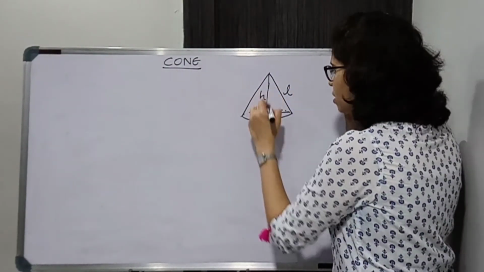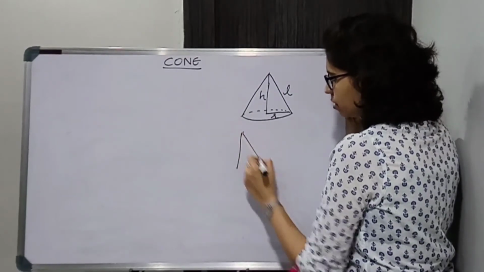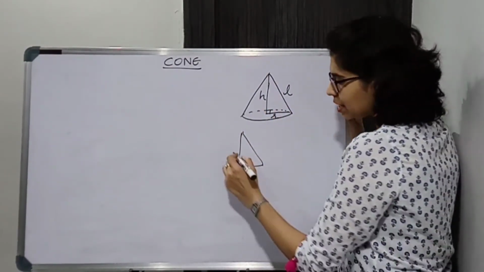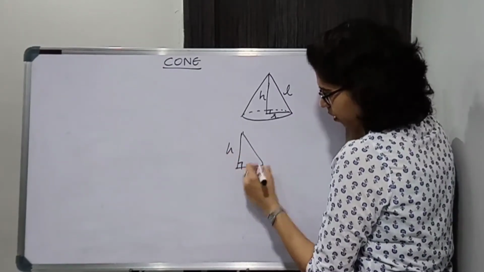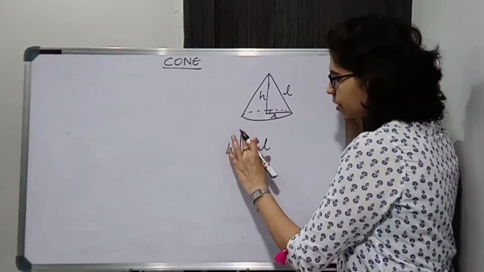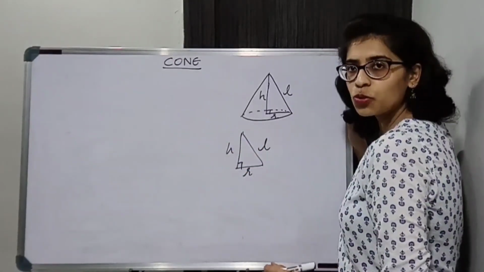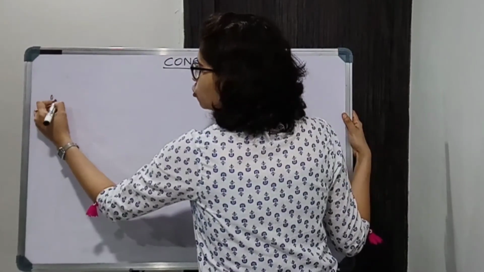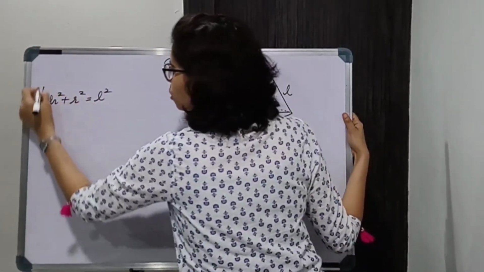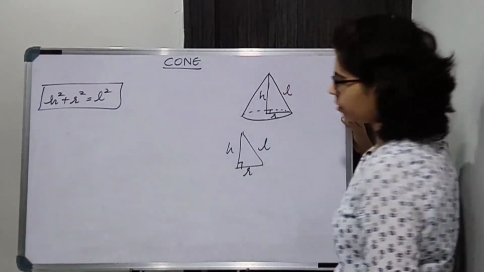If you notice, this is a right angle triangle. Now this is side 1, this is side 2, and this is the hypotenuse. So hypotenuse square is equal to side 1 square plus side 2 square. Therefore h square plus r square is equal to l square. You need to remember this for the cone.